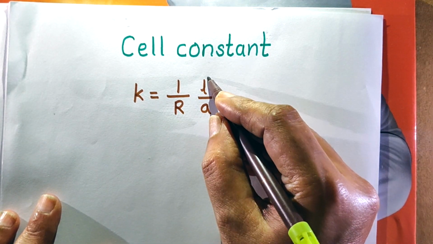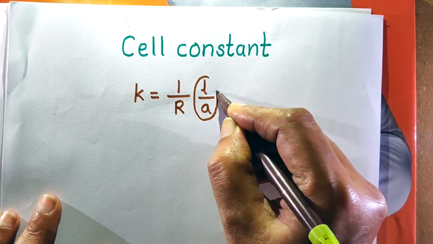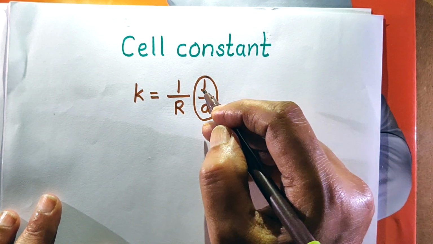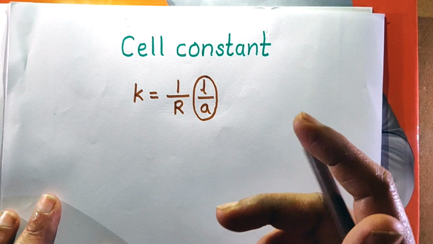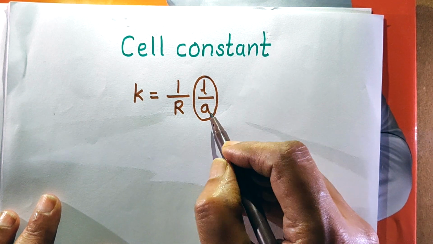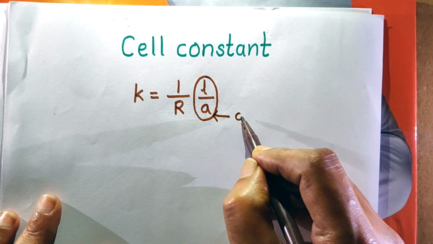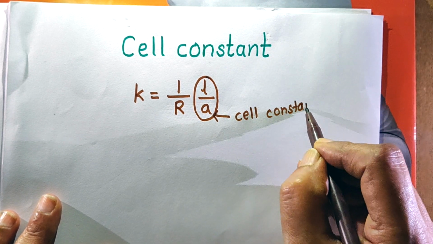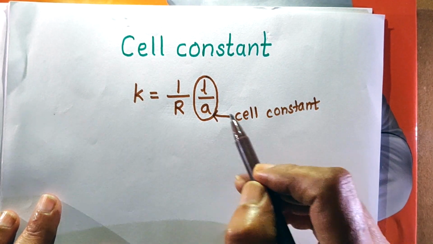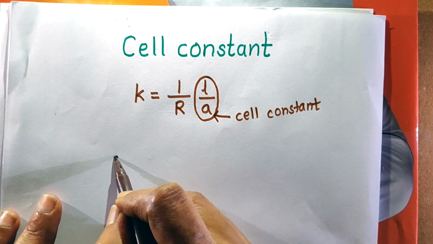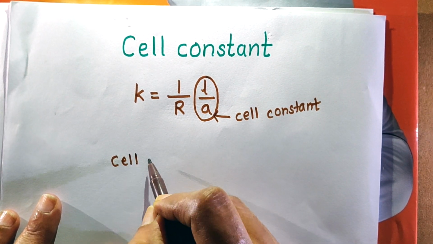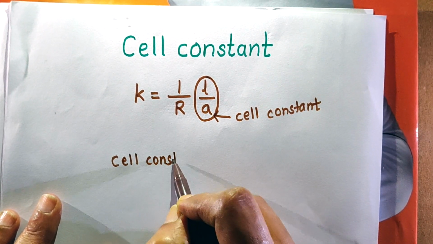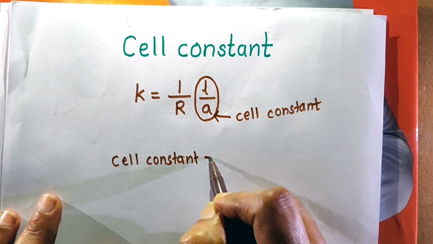Now, this L upon A, we have said, is constant for a particular conductivity cell, and this ratio L upon A is called the cell constant. So you can say cell constant is equal to L upon A.